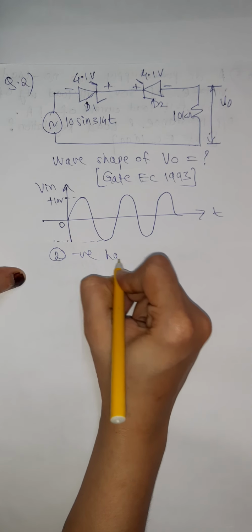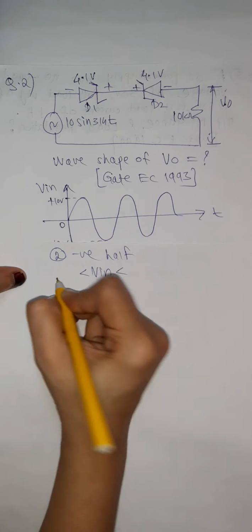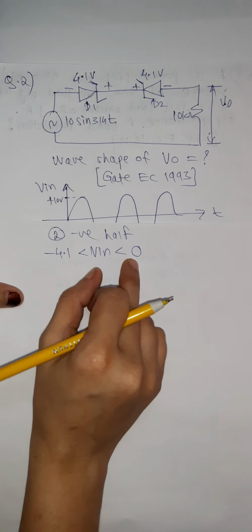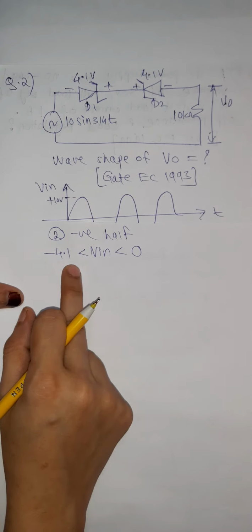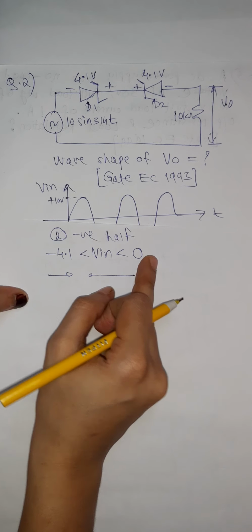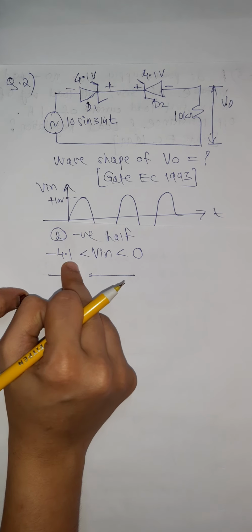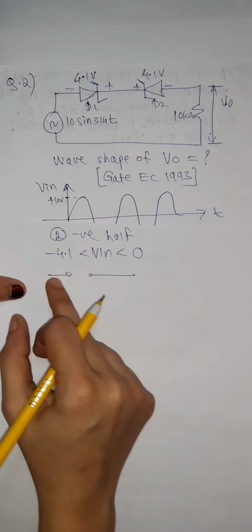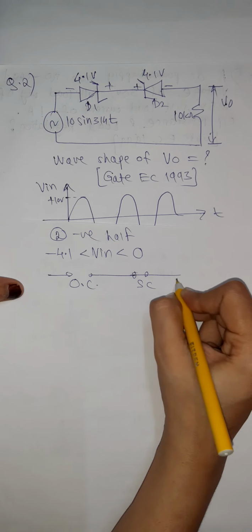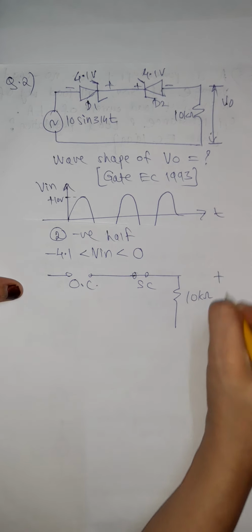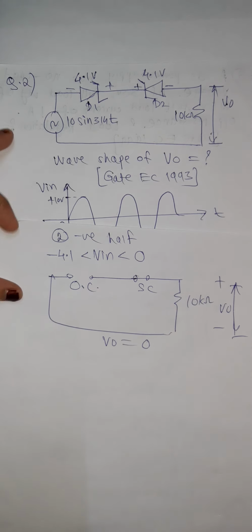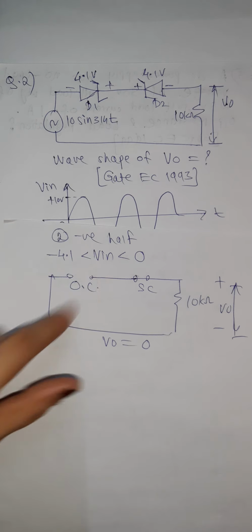For the negative half cycle, if V in is lying between minus 4.1 volt and 0, then our diode D1 will act as open circuit because the voltage is negative at this terminal, and this diode will act as short circuit as I explained in the earlier case, and this is V0. So V0 is equal to 0 for minus 4.1 less than V in less than 0.